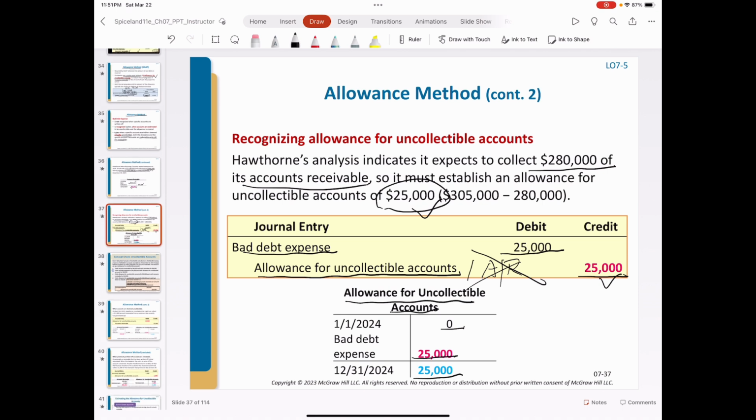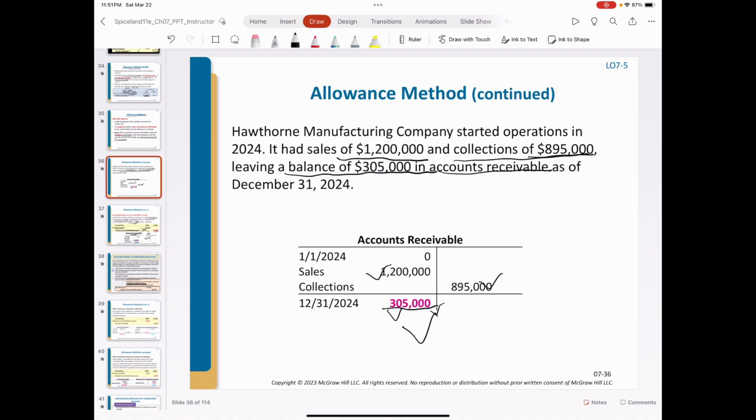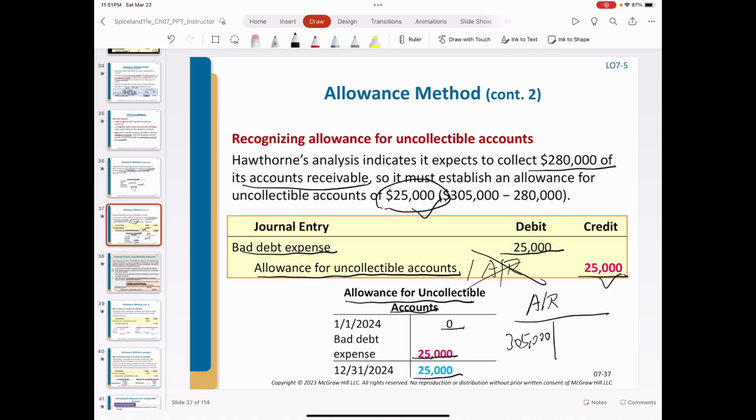So the net book value of accounts receivable is this. First, the accounts receivable balance was 305,000. That's what I call it here. And allowance for doubtful accounts is a credit of 25,000.